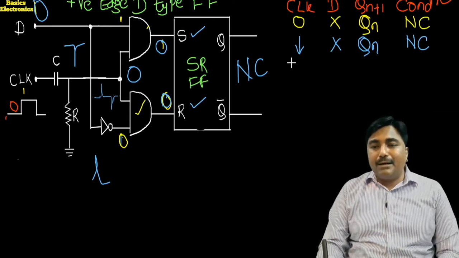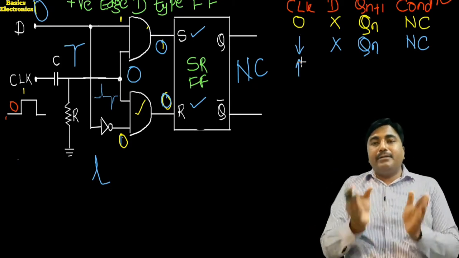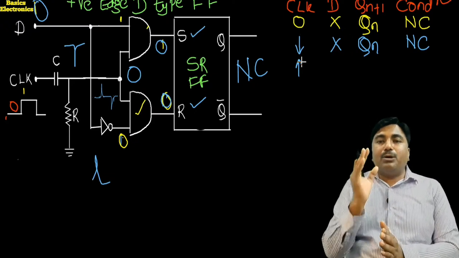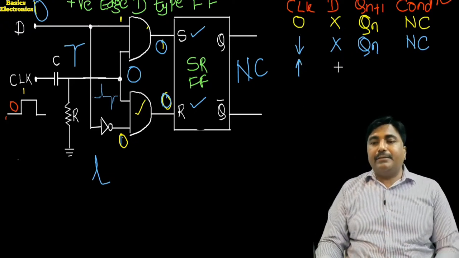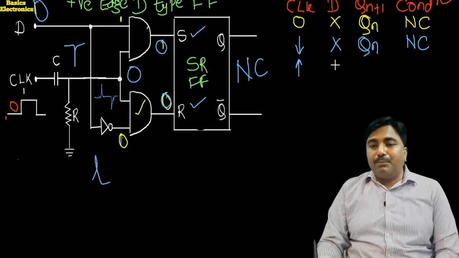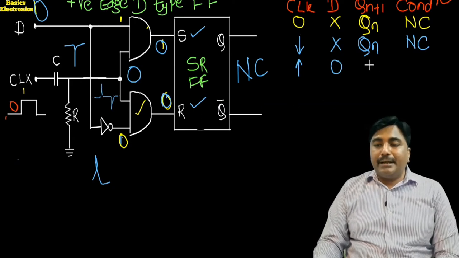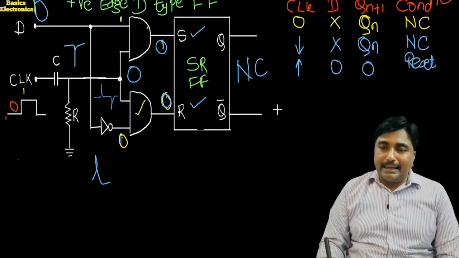When there is a positive edge, meaning the clock pulse changes from 0 to 1, the differentiator produces a positive peak, and due to this the flip-flop responds to the D input. Suppose the D input is equal to 0, then the output Qn+1 is equal to 0, and this condition we call the reset condition.